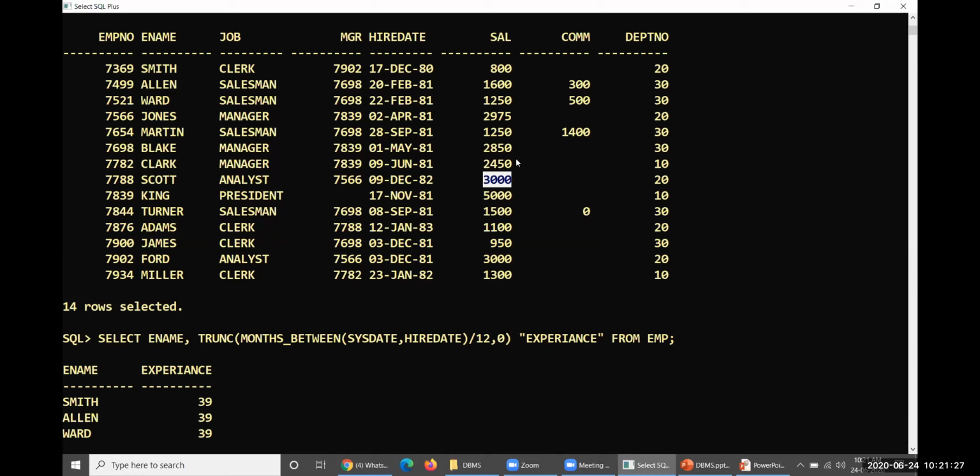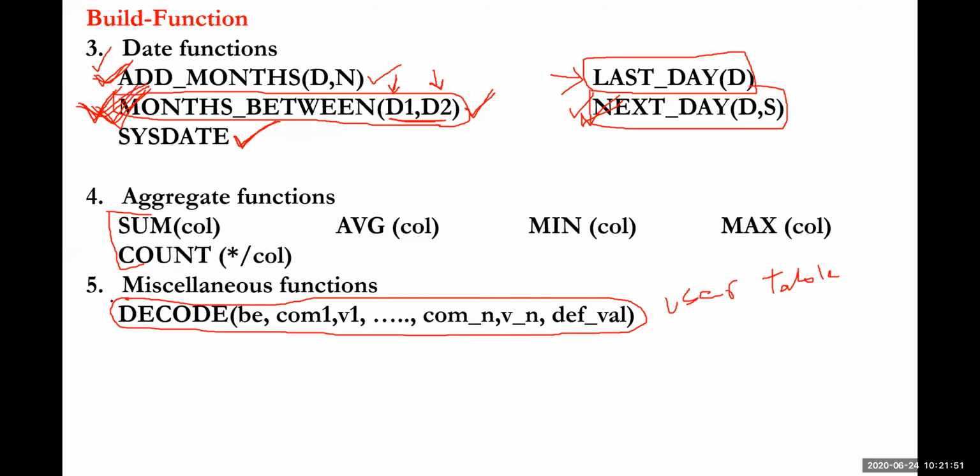Else if salary is greater than 3,000, then that would be called above paid. You may implement such an if structure in programming languages. But here such kind of programming cannot be expected. So then what shall we do? We have to go ahead and implement using decode.